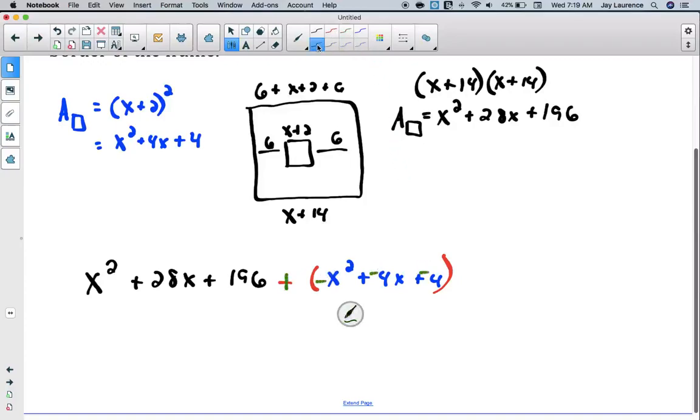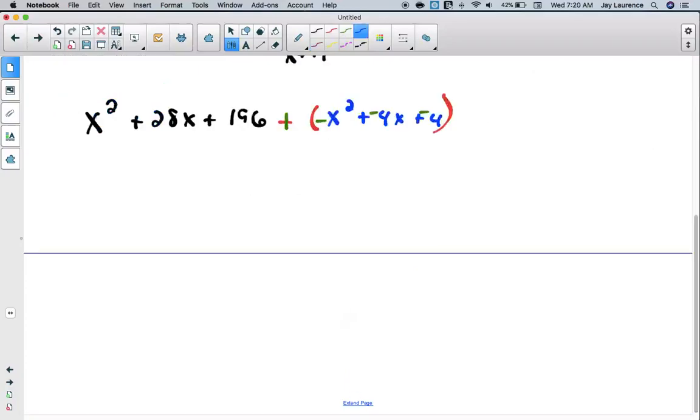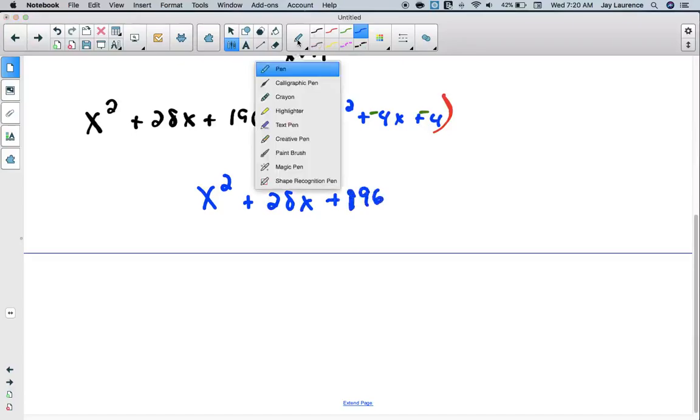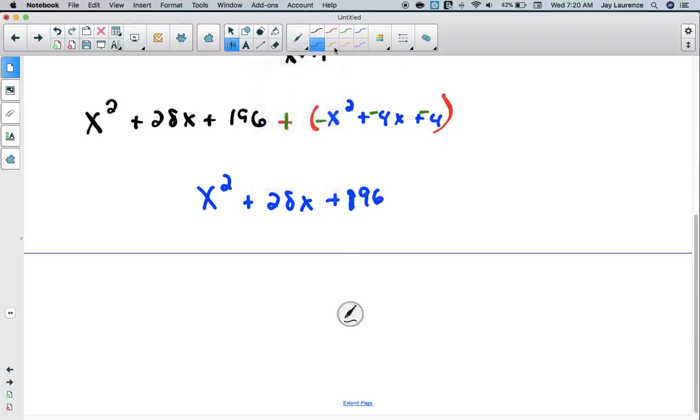Now to take a vertical perspective on this, what it's going to get me is x squared plus 28x plus 196. And I'm going to end up subtracting x squared, 4x, and 4.